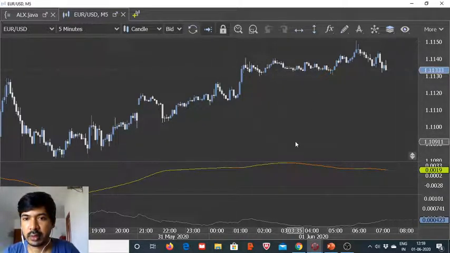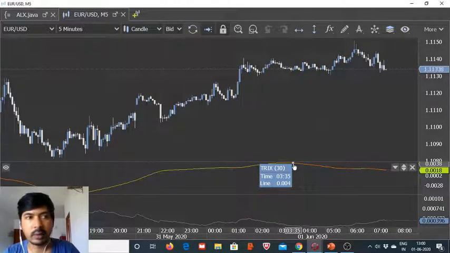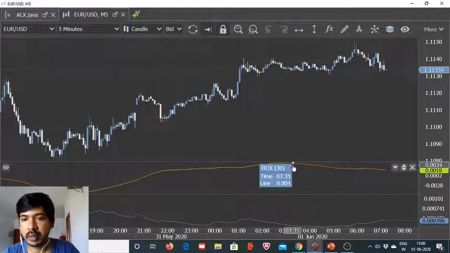So let us see, as the TRIX value starts to fall, somewhere here, if the condition is fulfilled, 1, 2 and 3.